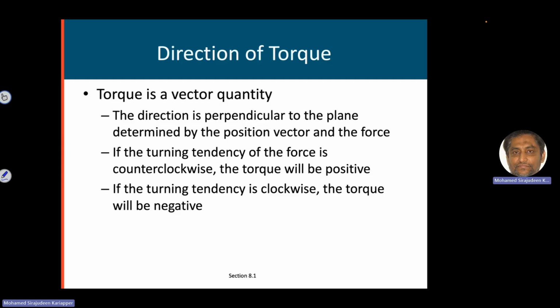So if it is rotating counterclockwise, you have to keep your right hand so that you can curl your fingers in the same direction as the turning effect, which is counterclockwise, and the thumb is pointing outward. If you keep it the other way, you are curling clockwise. So outward is the positive direction, which corresponds to counterclockwise. So torque is a vector quantity, and the direction will be perpendicular to the plane, either out of the plane or into the plane.